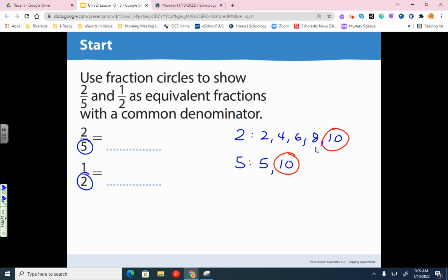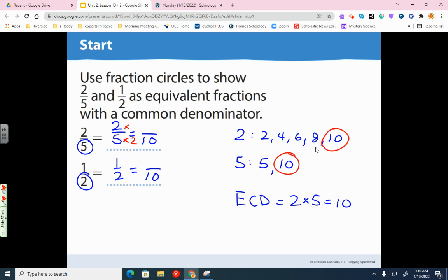And we could do what we call the easiest common denominator, which is take those two numbers, 2 and 5, and that would have given us 10. Now that always will work. It may not always be the least or the lowest common denominator, but it does happen to work out that way this time. So for 2/5 and 1/2, we need to figure out how to make an equivalent fraction.